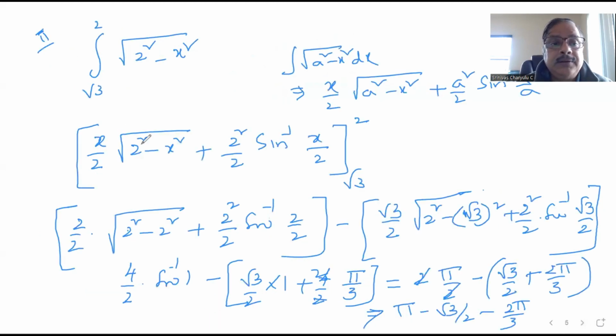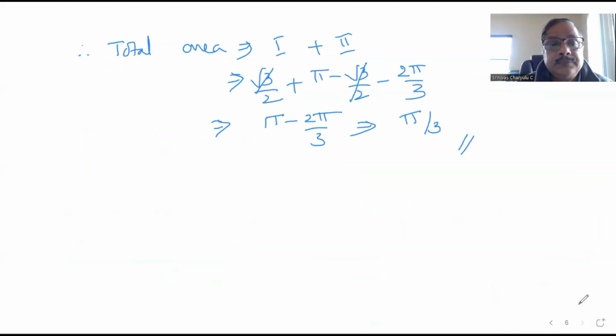Then the second one we got as pi minus root 3 by 2 minus 2 pi by 3. How did we get 2 pi by 3 here? Sine inverse root 3 by 2. Overall, this and the first one we added. Correct. So let me check whether this answer is correct or not. Yes, our answer is correct.